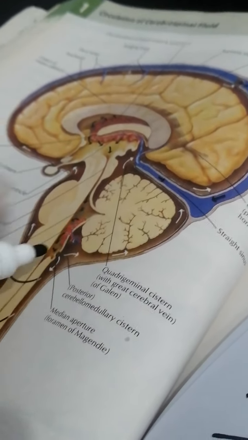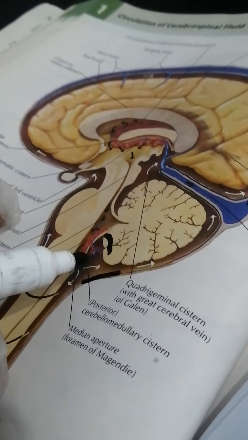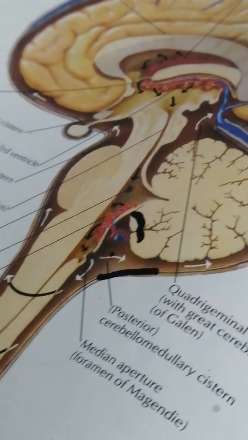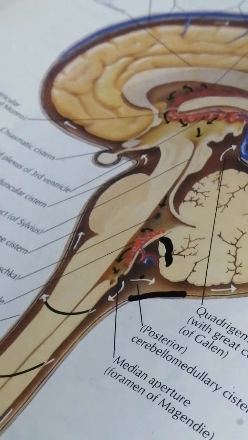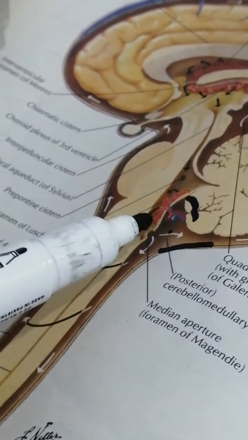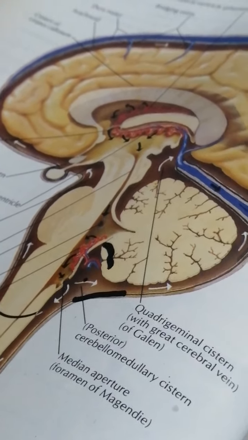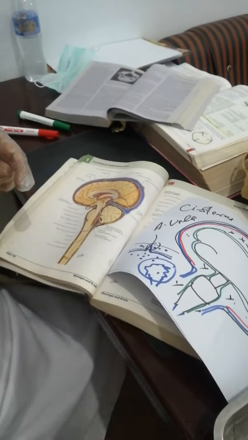That's why between the pia over here and the arachnoid over here, this big space is being produced on the undersurface of the cerebellum and on the dorsal side of the medulla oblongata. This is the medulla oblongata frontal side, this is pons, medulla, and this is the dorsal side. Over here, a big space is being formed, and this big space is called the cerebellomedullary cistern or cisterna magna.